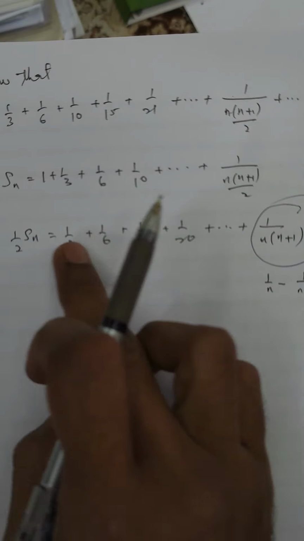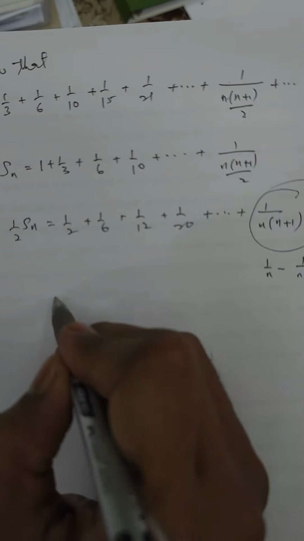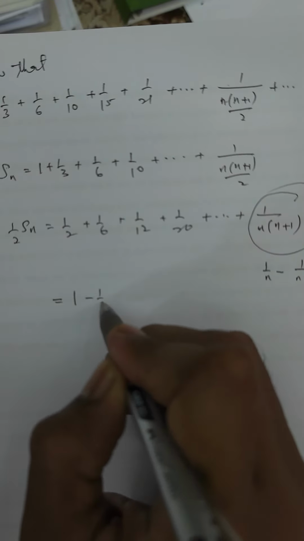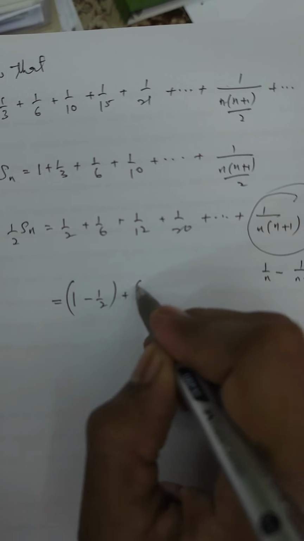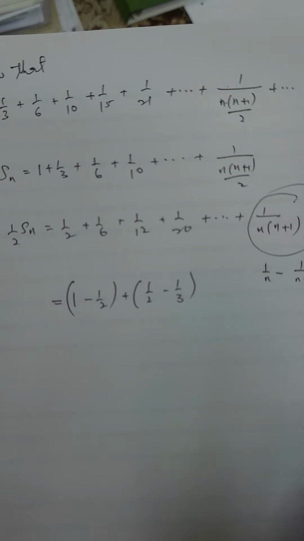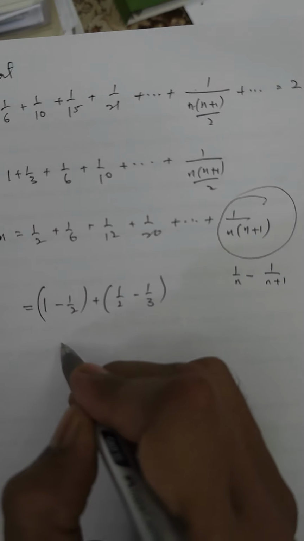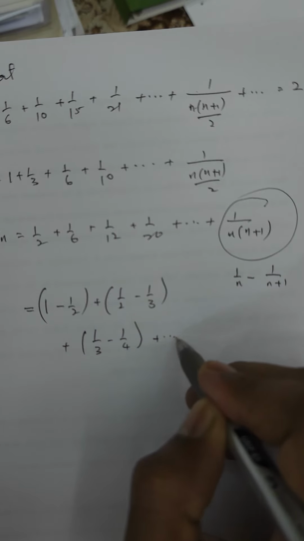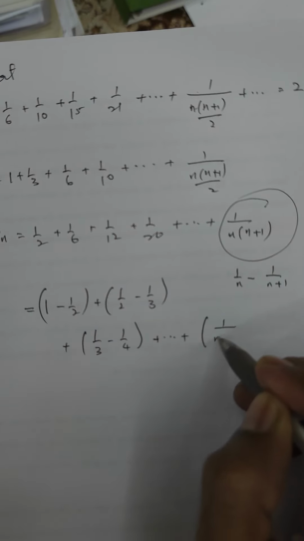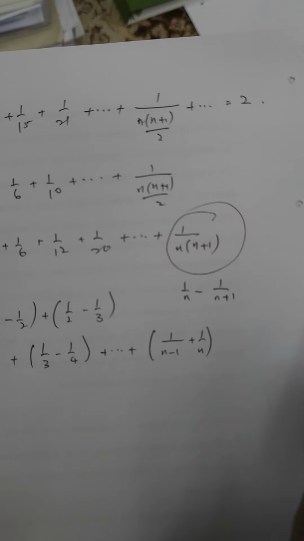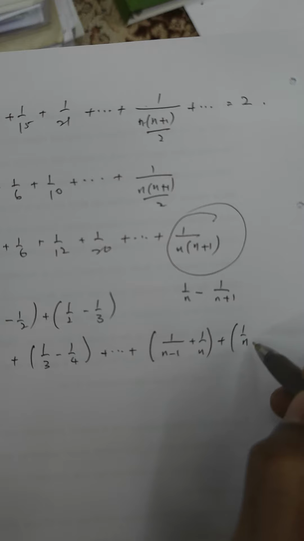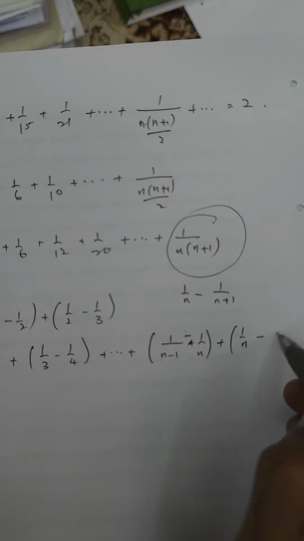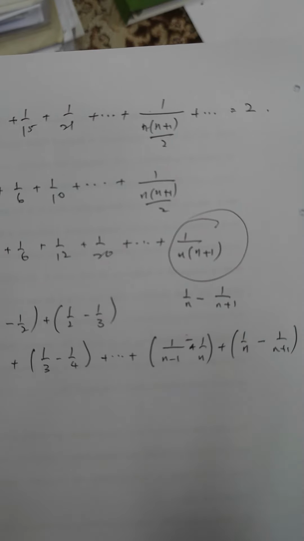So all those terms can be written as 1 minus 1 over 2 plus 1 over 2 minus 1 over 3, plus 1 over 3 minus 1 over 4 and so on, plus 1 over n minus 1 over n plus 1.